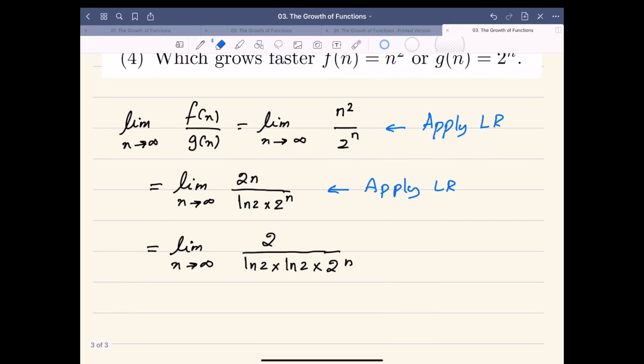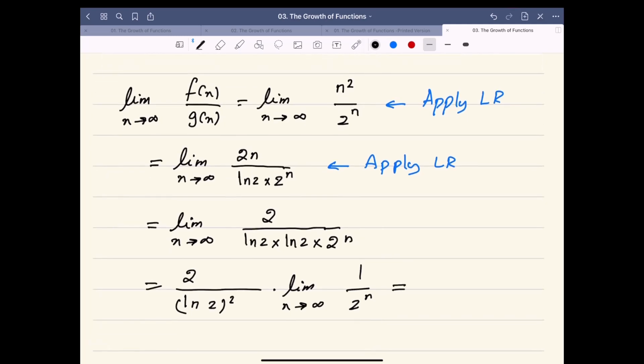Now rearranging this equation, take the constants outside. We will have 2 divided by ln 2 raised to power 2 multiplied by the limit as n goes to infinity of 1 over 2 to the power of n, and this is equal to 0.